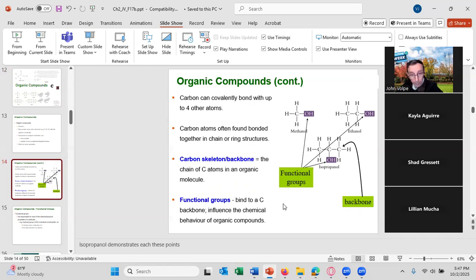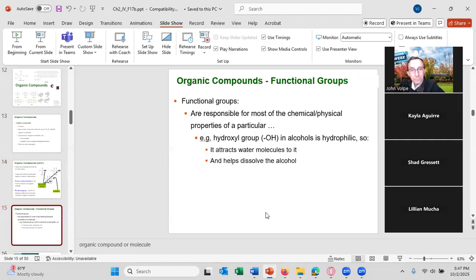These functional groups influence the molecule and give the organic compound different chemical properties from the functional group. Any question about any of that? Sorry, I sneezed there. So the functional groups are responsible for most of the chemical and physical properties of a particular organic compound.